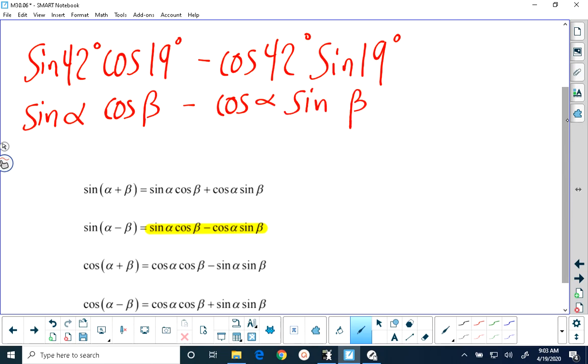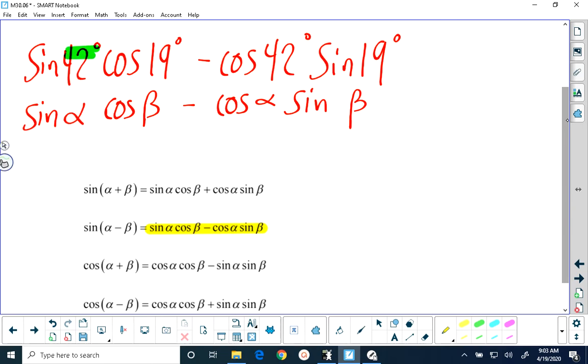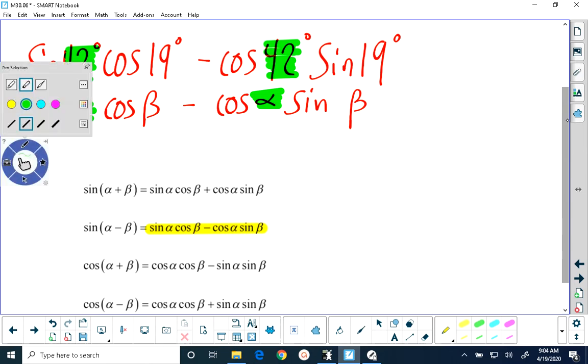So you can see by comparison that alpha is 42 degrees and beta is 19 degrees.